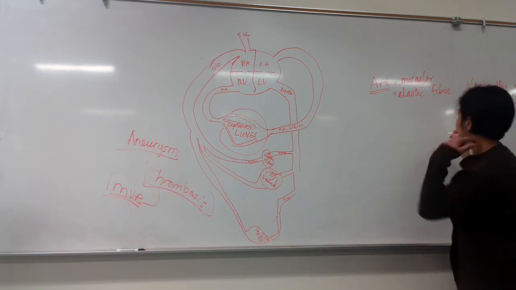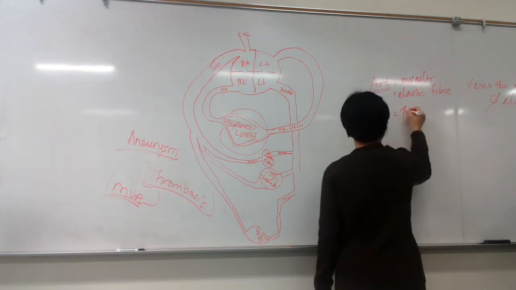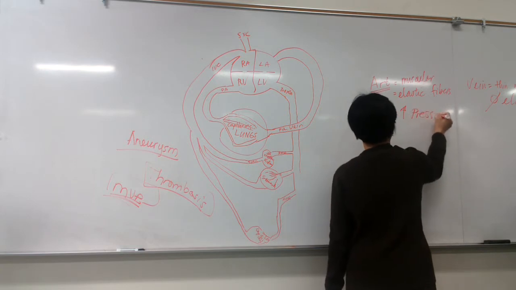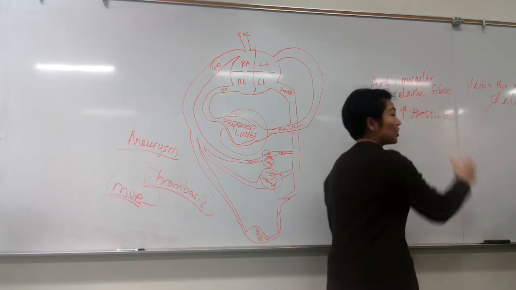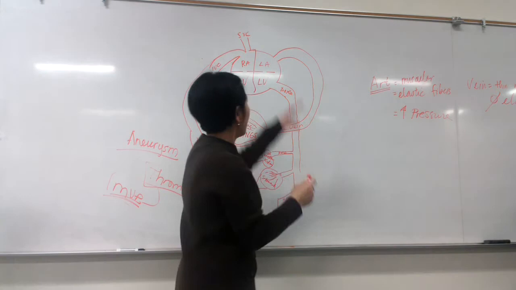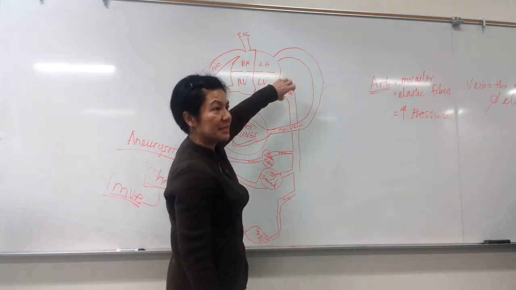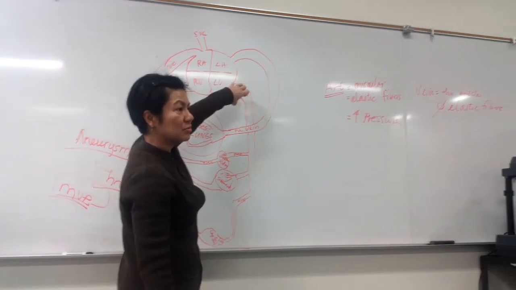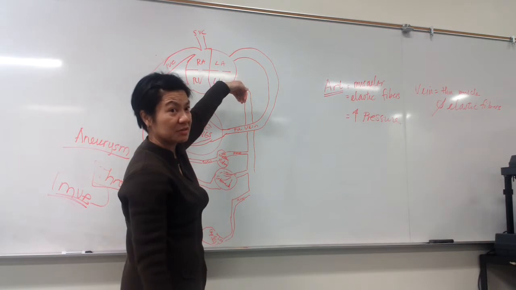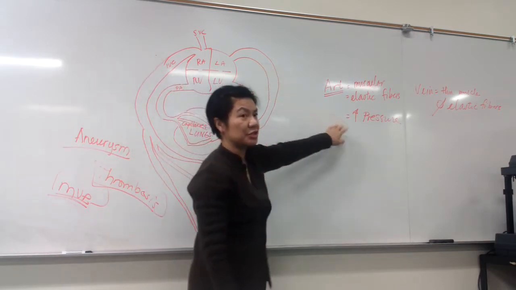That's why it's nice to study the anatomy. And this one still has high pressure. The muscular contraction of your arteries, does it make sense? It's able to maintain that pressure.